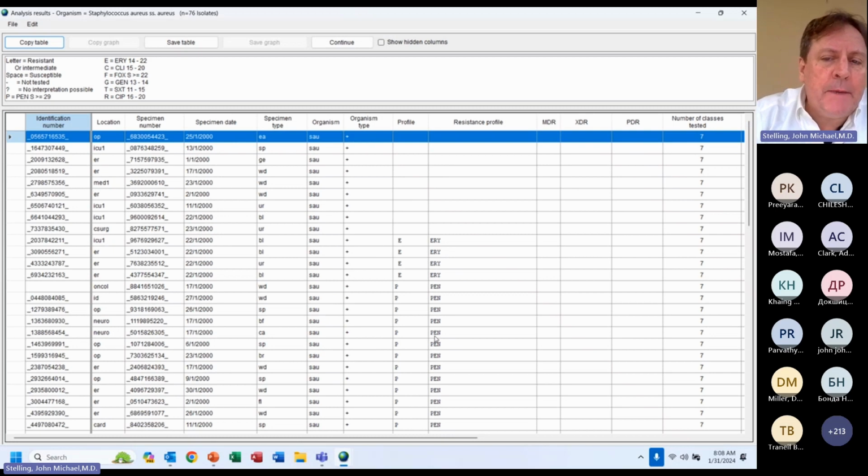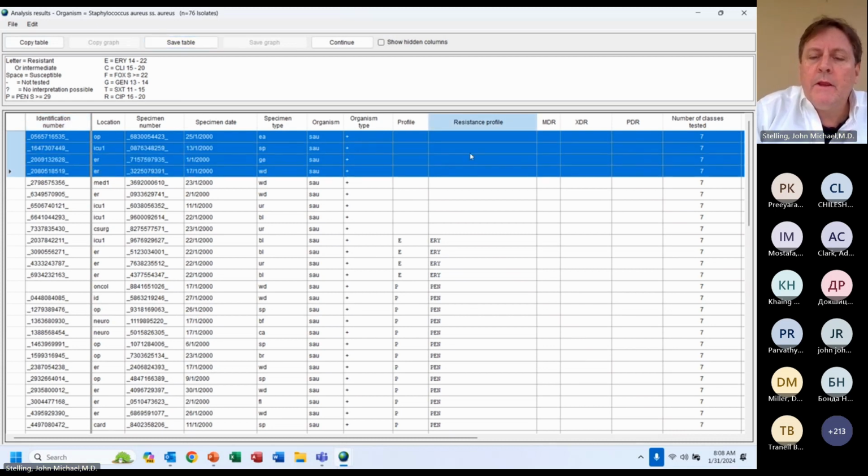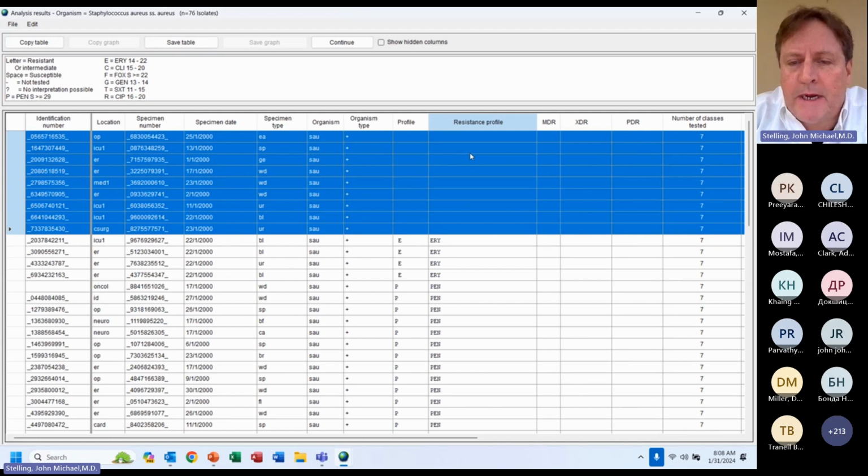The focus of the December webinar was WHONET and multi-drug resistance profiles. And this kind of example is what I showed in the last webinar in November. These isolates at the top are sensitive to all of the antibiotics.